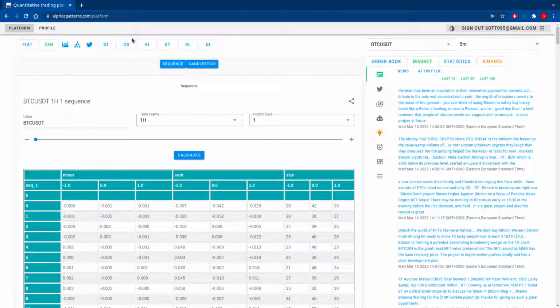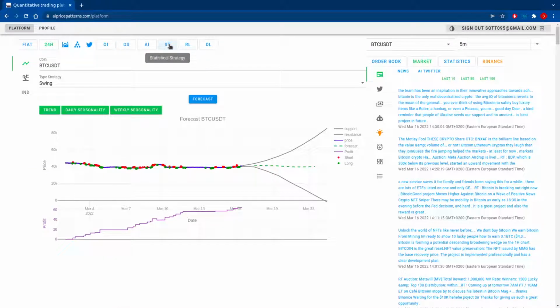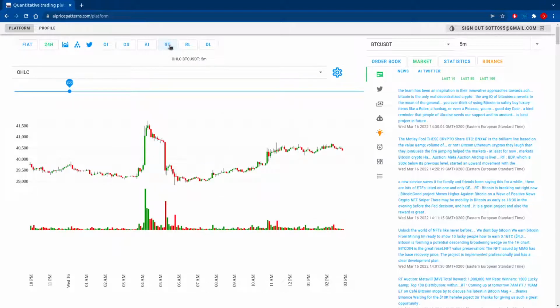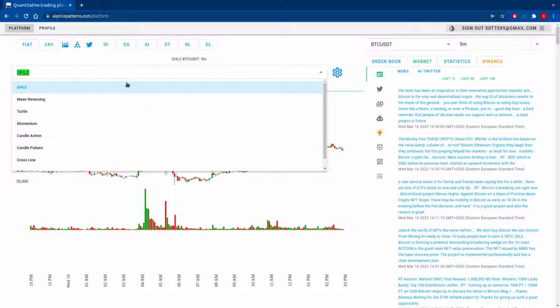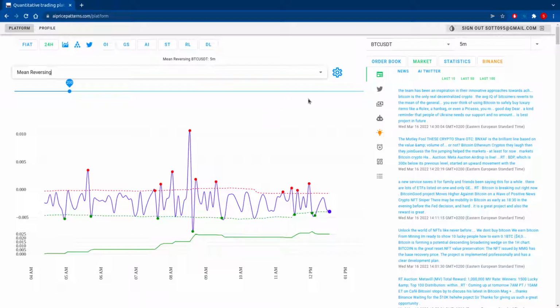Why is it working? Because of the central tendency theorem. Using this theorem, you can create multiple approaches for machine learning, or for example, like an ARIMA model. Okay, and let's look also at another approach that I like. For example, I like statistical trading, like mean reversion.